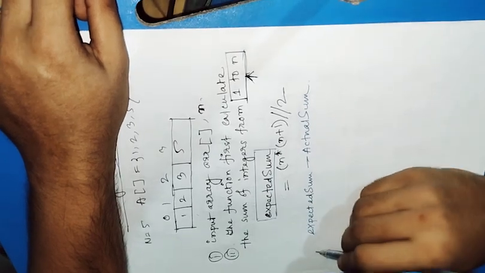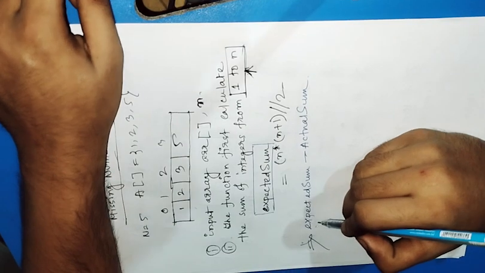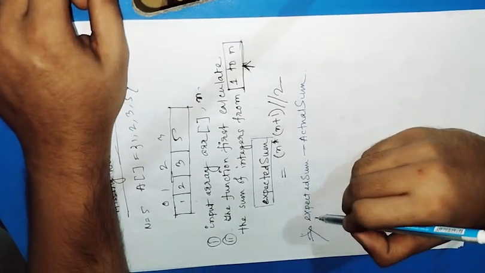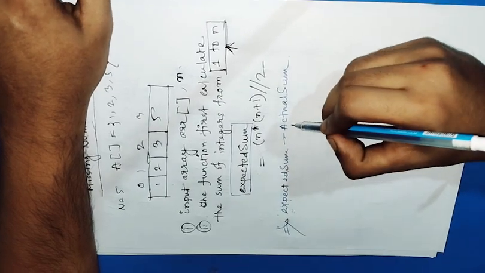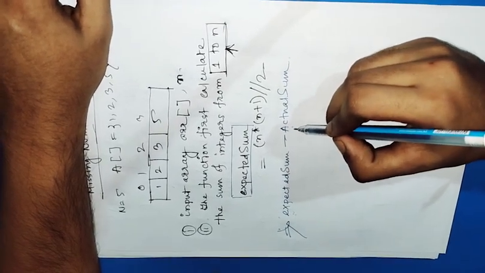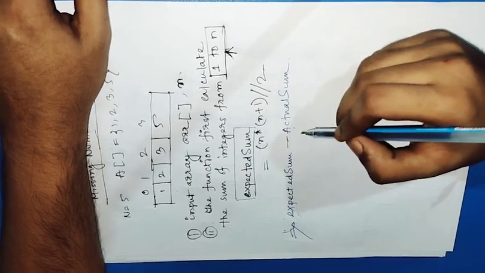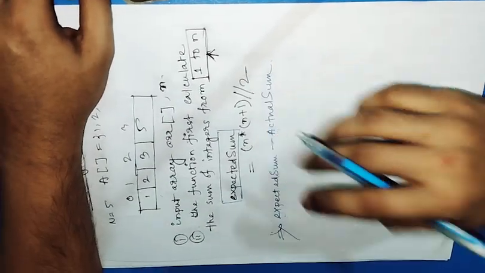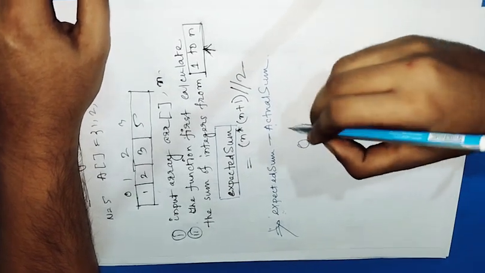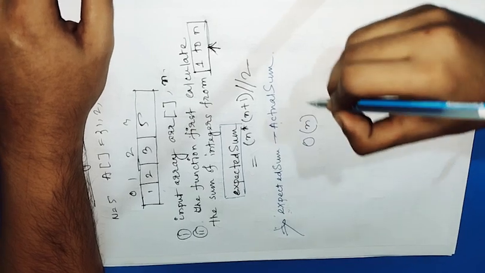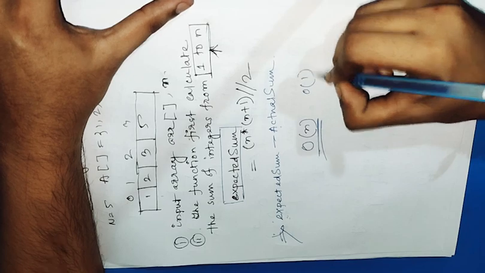If we differentiate the expected sum from the actual sum, that time we will find the missing number. After that, return. Here the time complexity is O of n and space complexity is O of 1.